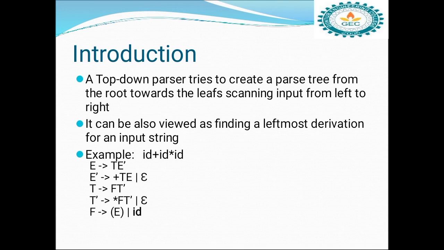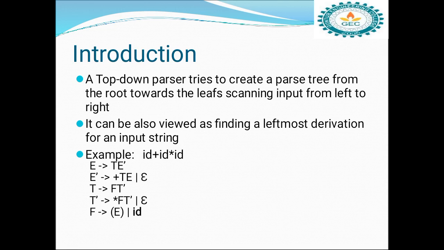Introduction to top-down parsing. A top-down parser tries to create a parse tree from the root towards the leaves, scanning the input from left to right. It can also be used for finding the leftmost derivation of the input stream.